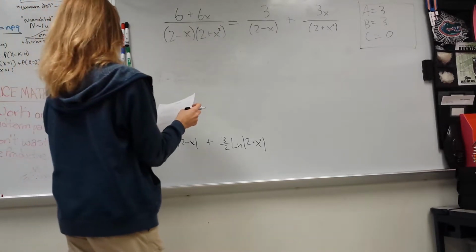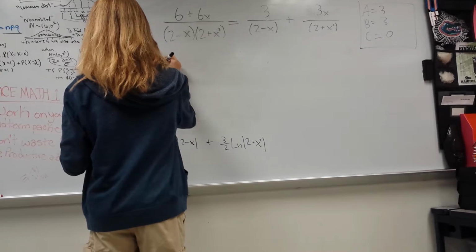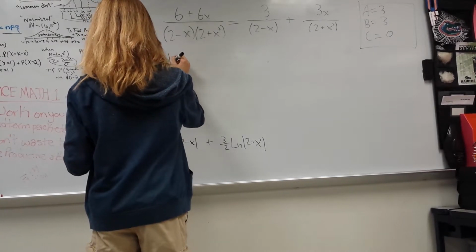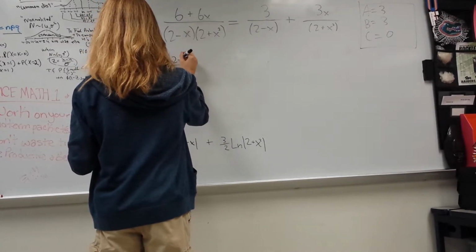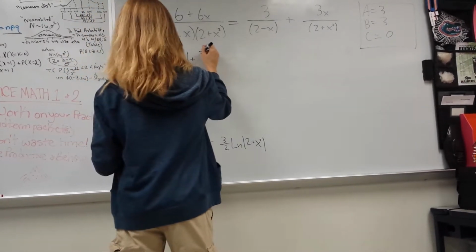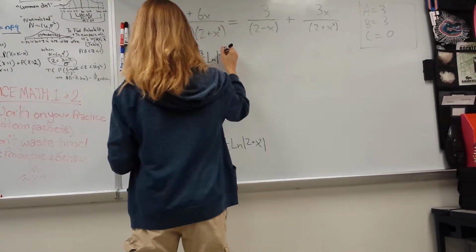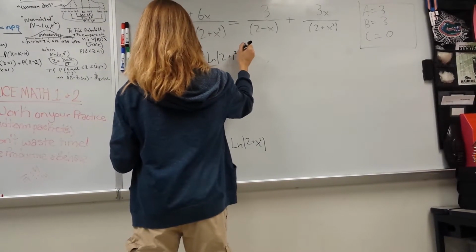Alright, so we'll do -3 ln of 2 minus 1, plus 3/2 ln of 2 plus 1 squared.